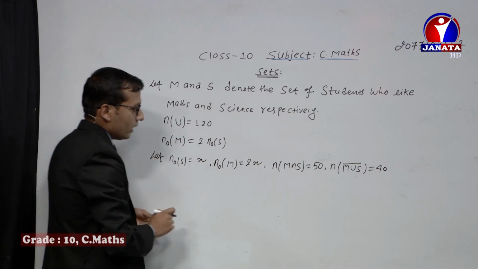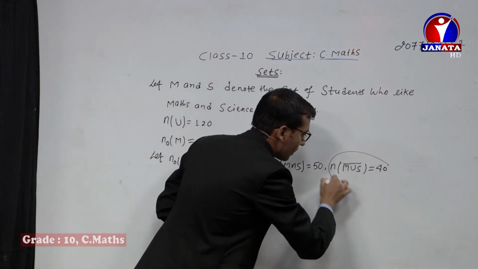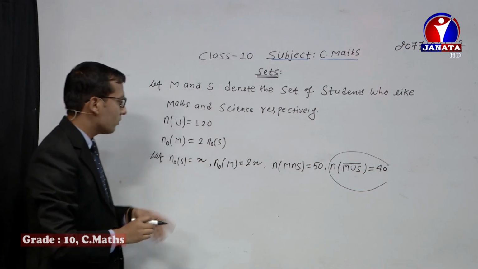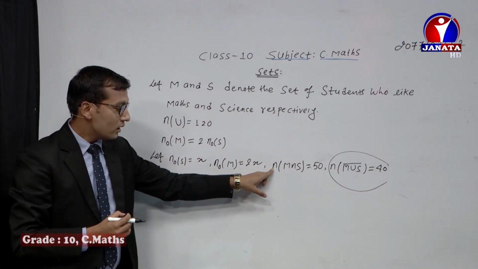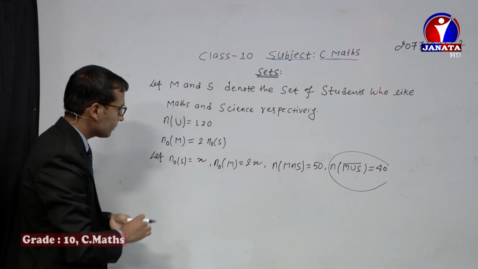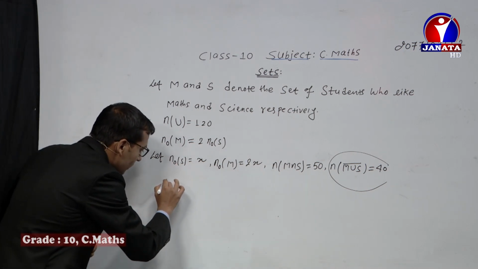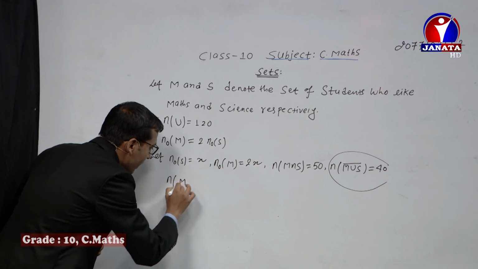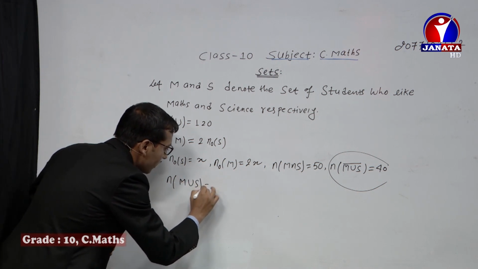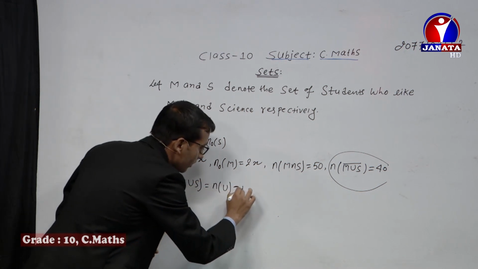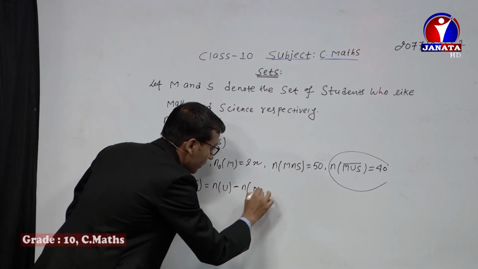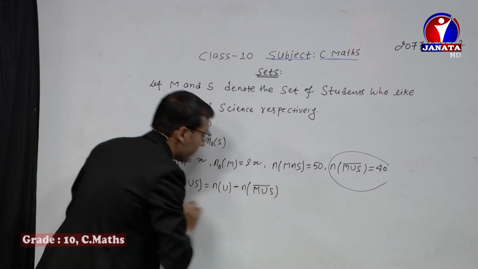If we deduct the complement, which is 40, from n of U, we can obtain n of M union S. Let's find n of M union S is equal to n of U minus n of (M union S) complement.